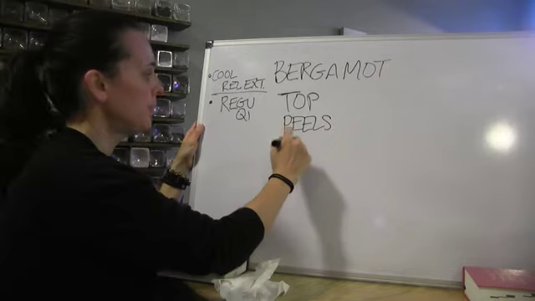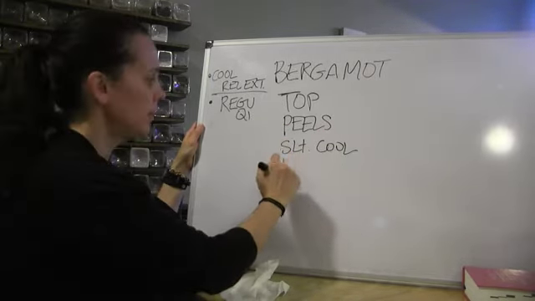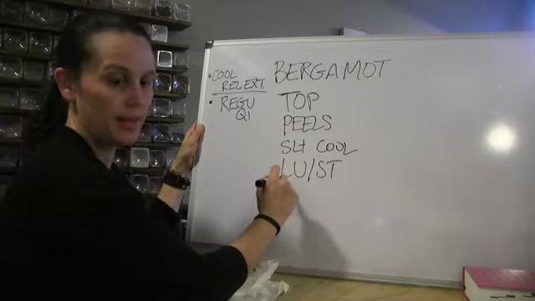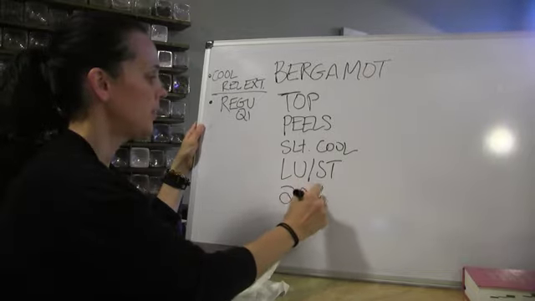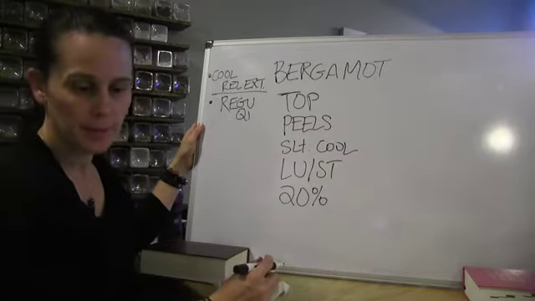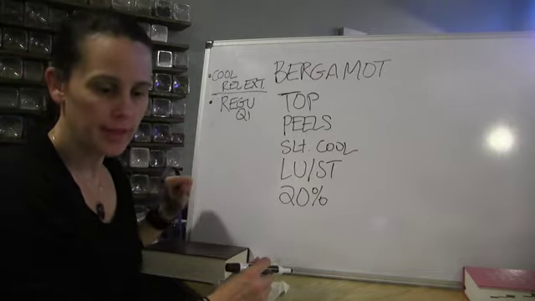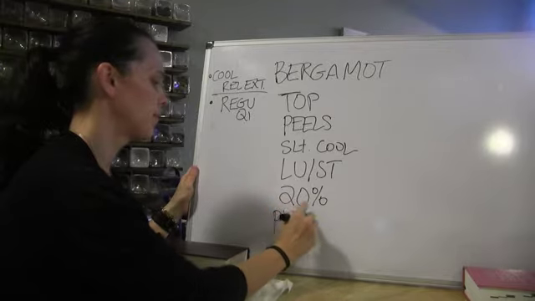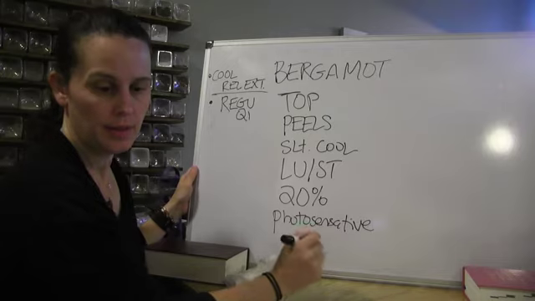It's slightly cooling. Has affinity for the lung and stomach. This is interesting, you don't see this too often. This is a 20% dilution rate. So keep that in mind when you are blending. It is photosensitive. So keep that in mind.